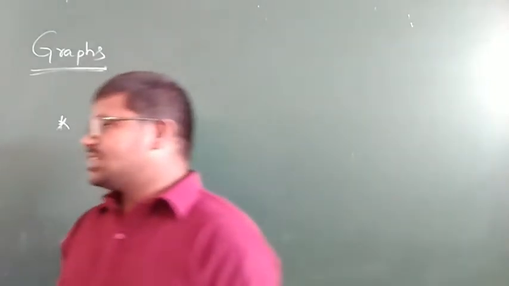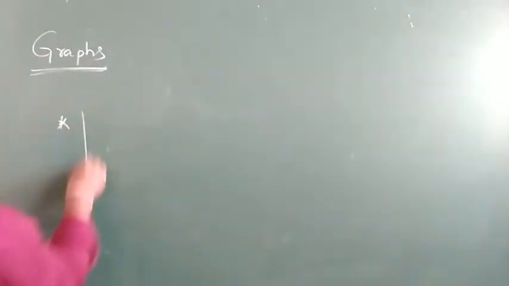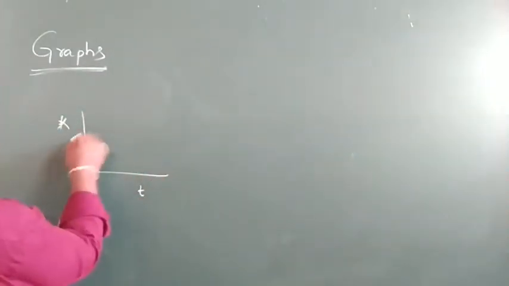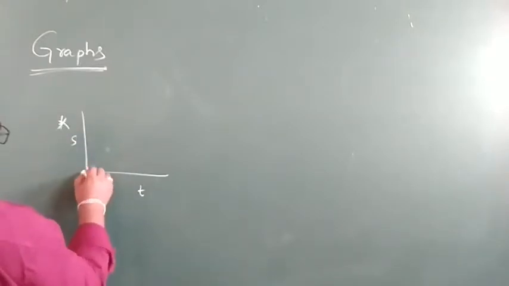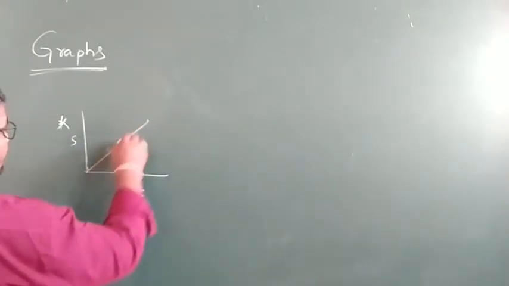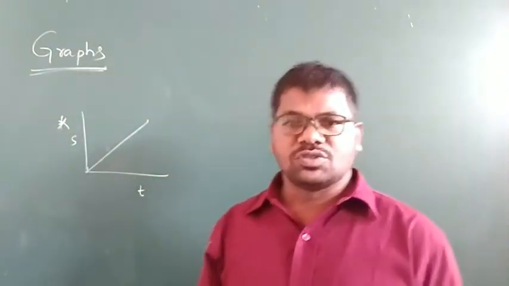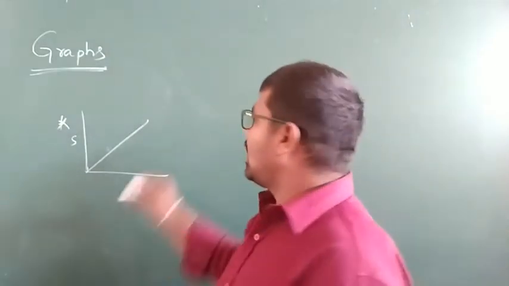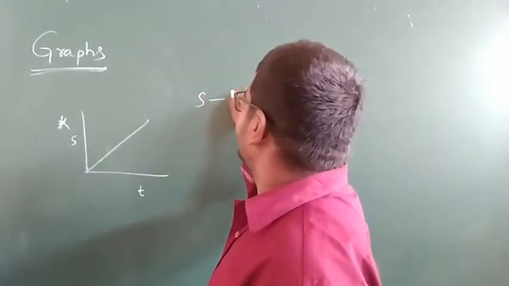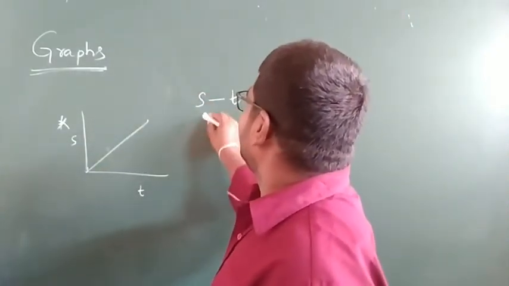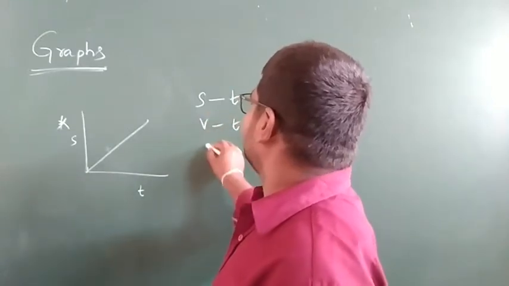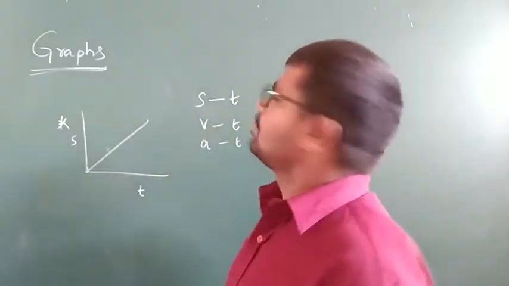Okay, so understand, if the graph is between time and distance or time and displacement like this, then we can say that the motion is uniform motion. Understand? So we can have displacement time graph, velocity time graph, acceleration time graph.